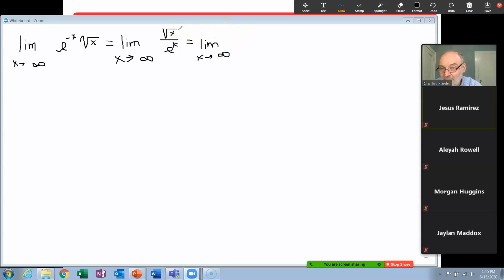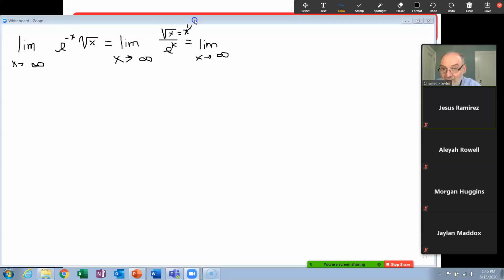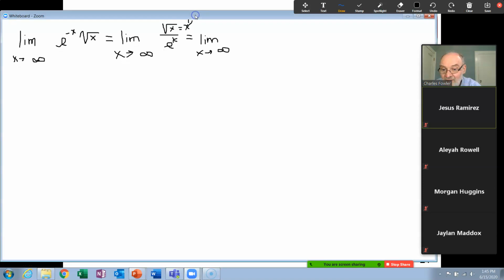Now, if you've been in my class long enough, you probably know I don't like taking derivatives of radicals. How would you write this before you would take a derivative of it? x to the what? Okay, x to the 1/2 power.